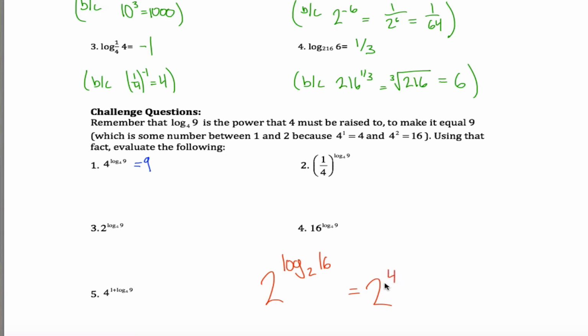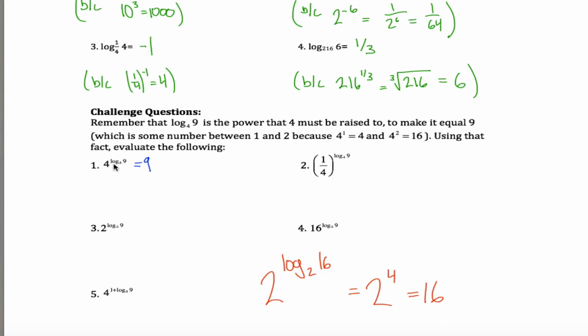And so you could write that this is 2 to the 4th power, but 2 to the 4th power is just 16. In fact, you don't even need to know that this is 4 to figure out that this is 16. I knew this was going to be 16 way back here, because this exponent is the exponent that 2 needs to be raised to make it a 16. So if I raise 2 to that exponent, I get 16.